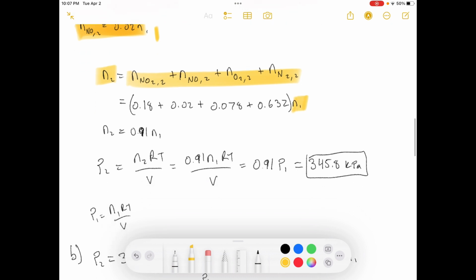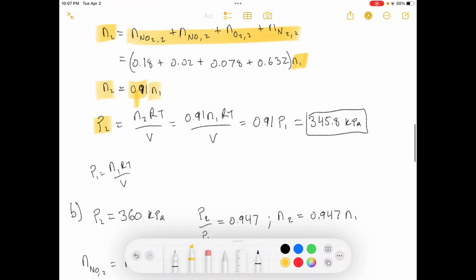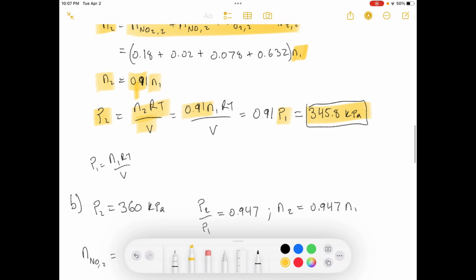N1's factor out, we add everything up, and we get that N2 is equal to N1 times this ratio. So now we have pressure 2 equals N2 RT over V. We can substitute in what we got. N1 RT over V equals P1, and we know what P1 is. Calculate the pressure, and there you go. That's P2.